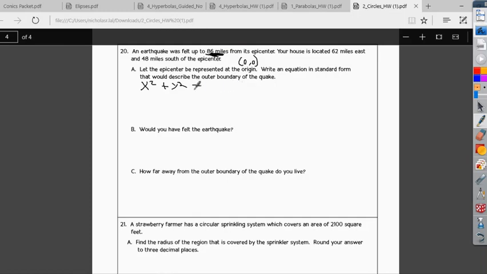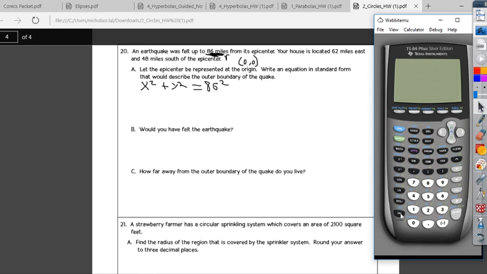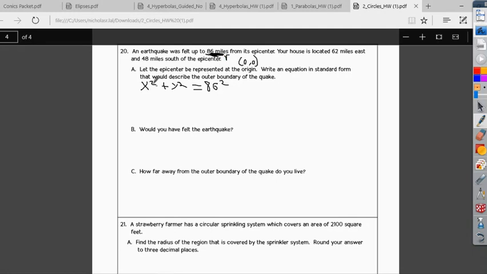That's going to equal 86 squared. What is 86 squared? I don't have that off the top of my head. I can use my calculator to find out that 86 squared is 7,396. That's equal to x squared plus y squared equals 7,396. Alright. So that is the outer boundary of the quake.